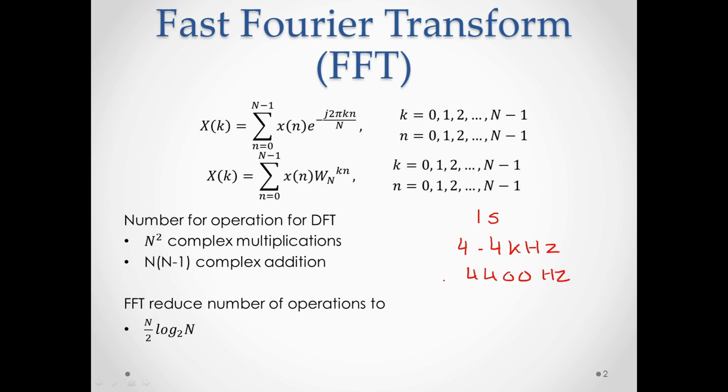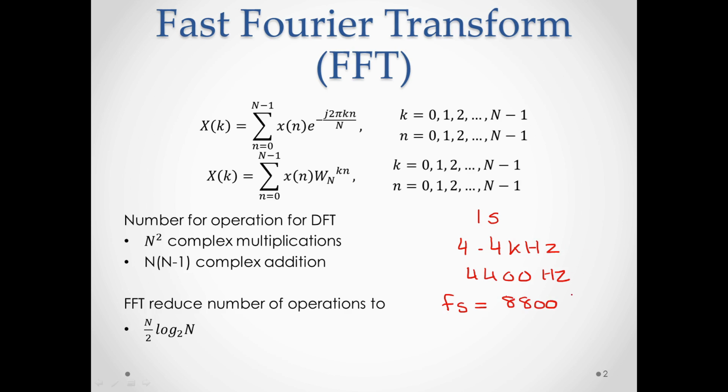Now in the first lecture I told you, according to the Nyquist-Shannon theorem, if we need to sample some system, we have to sample it at twice the maximum frequency. According to that theorem, our sampling frequency would be equal to twice your frequency, that is 8800 hertz.